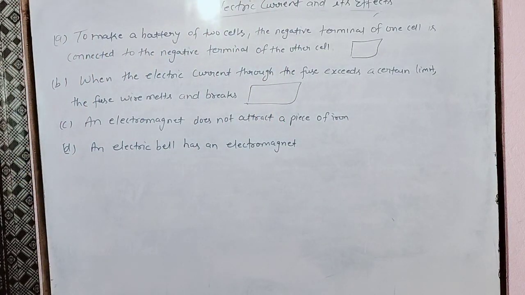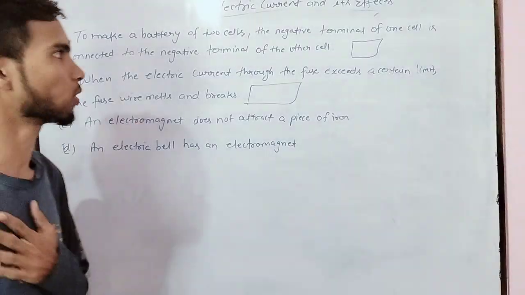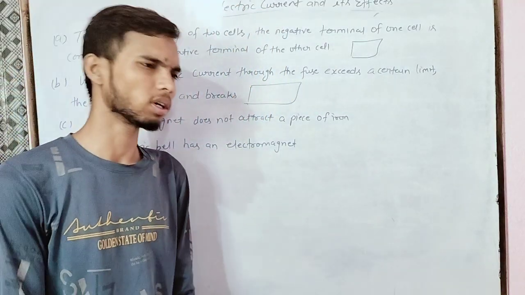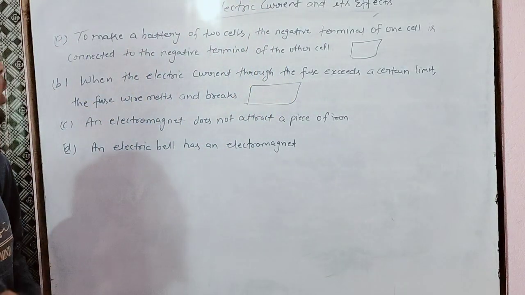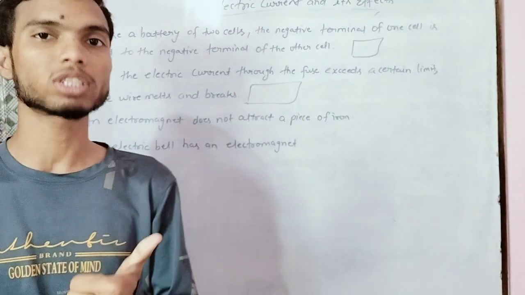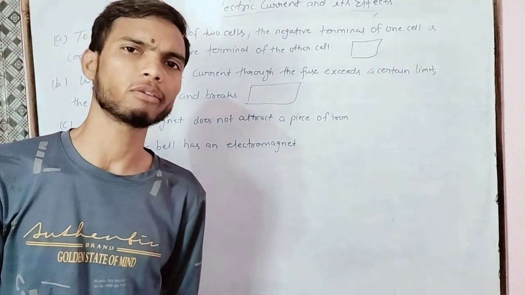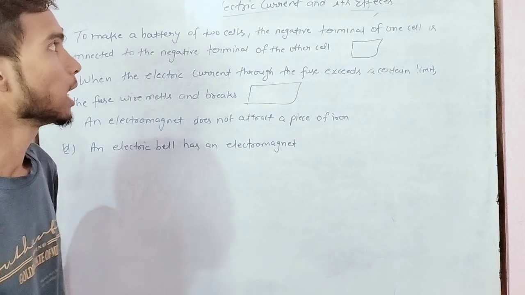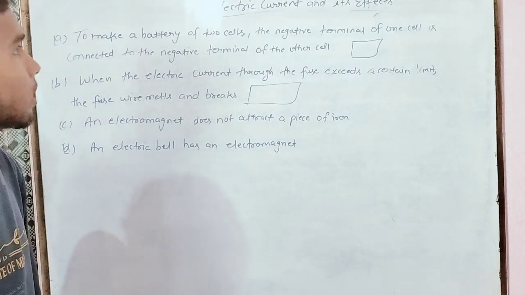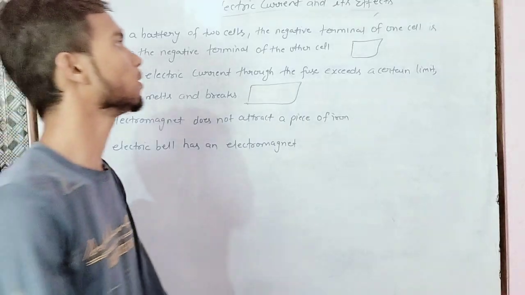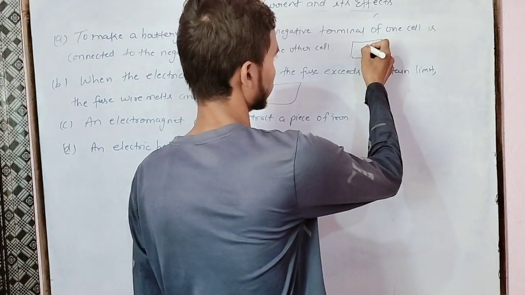This is what we have for the question, in which we will have to tell which one is false and which one is true. Here, to make a battery of two cells, yes, it will be possible to make a battery from two cells. The negative terminal of one cell is connected to the negative terminal of the other cell, so it will not form a battery.